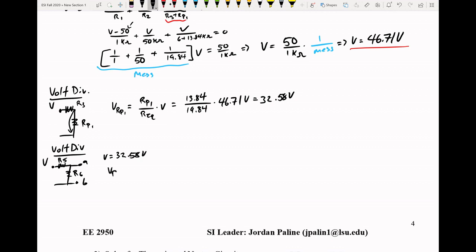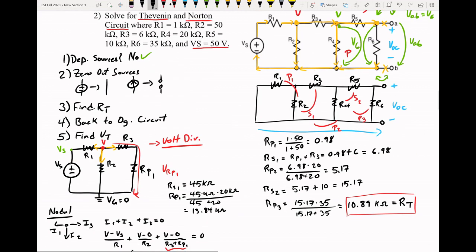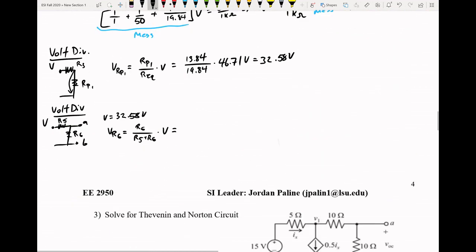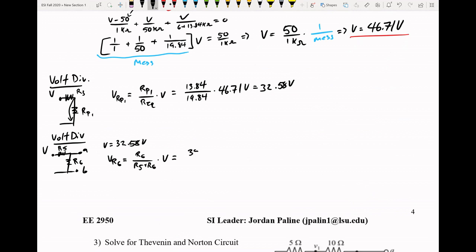So V of R6 is going to be equal to R6 over R5 plus R6 times V, which will be whatever R6 was. R6 was 35, R5 is 10. So 35 over 35 plus 10 times 32.58 volts.